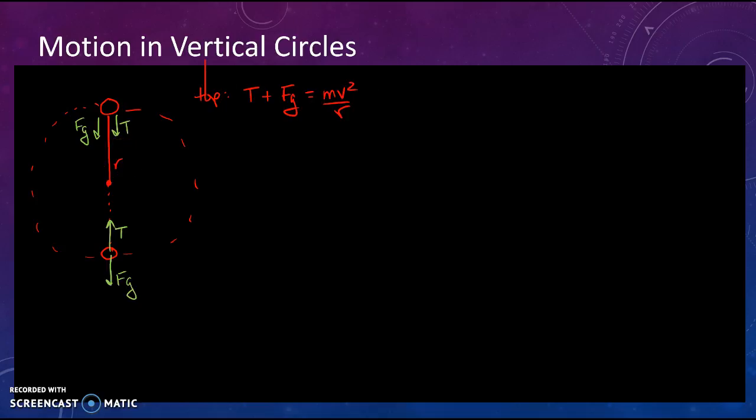An interesting thing here is that the force of gravity will always be equal to mg. That can't change. The thing that can change is this tension. So the tension plus mg is equal to mv squared over r.